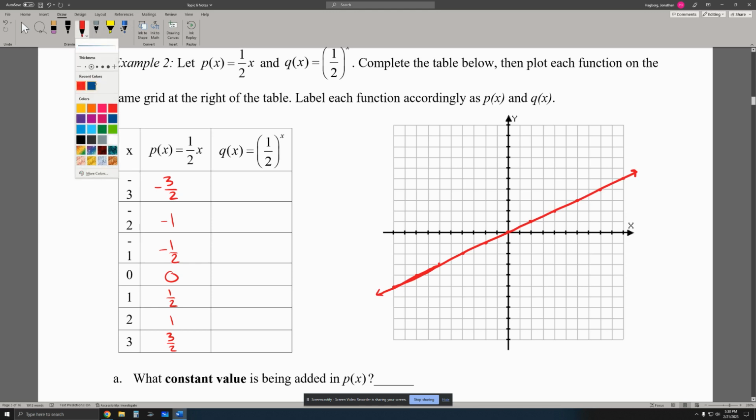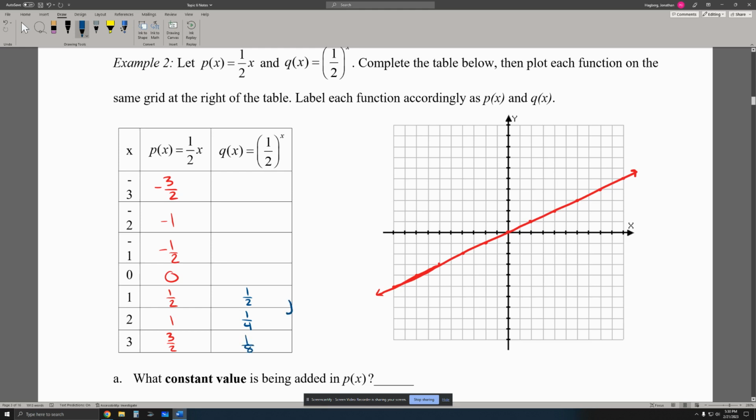Okay, so now let's go ahead and graph q of x in blue. So let's start with x equals 1. If I do 1/2 to the power 1, that's 1/2 times itself one time. 1/2 to the second power, 1/2 squared, is equal to 1/2 times 1/2, which we know is equal to 1/4. Multiplying by itself 3 times, or q of 3, we get 1/2 times 1/2 times 1/2 gives us 1/8.